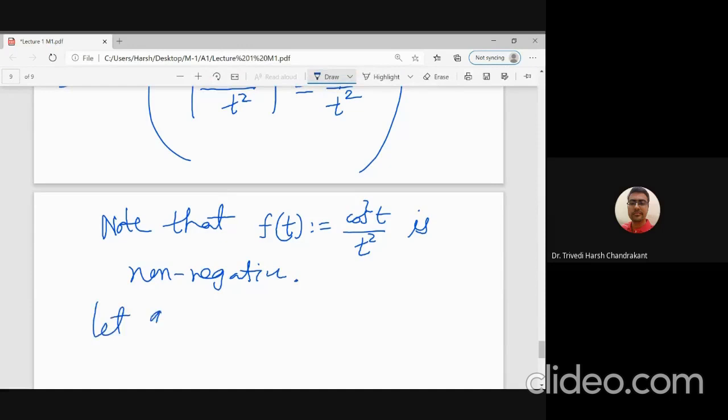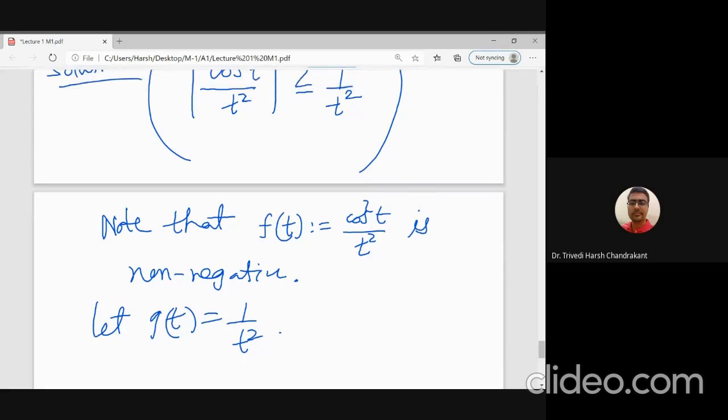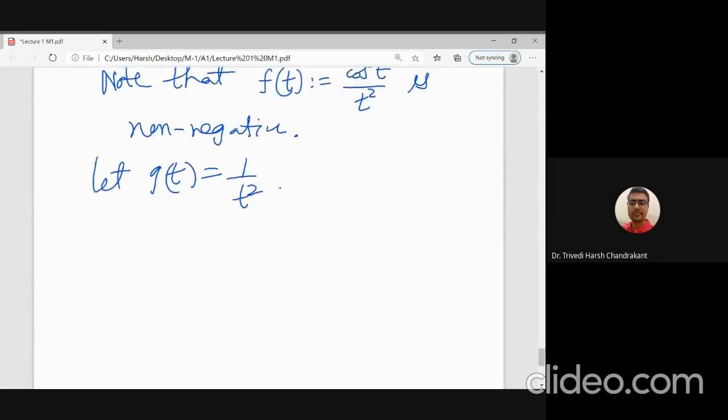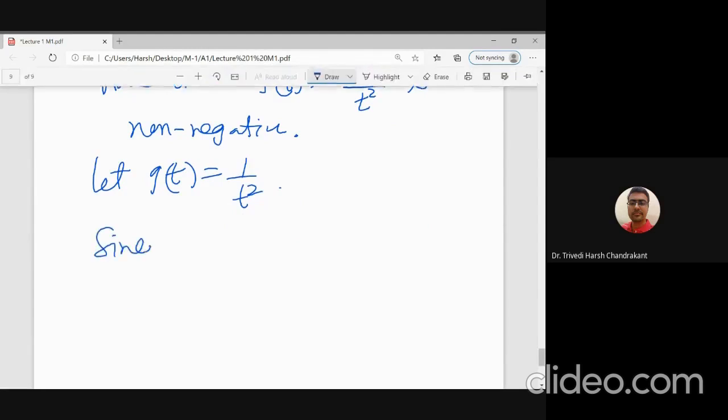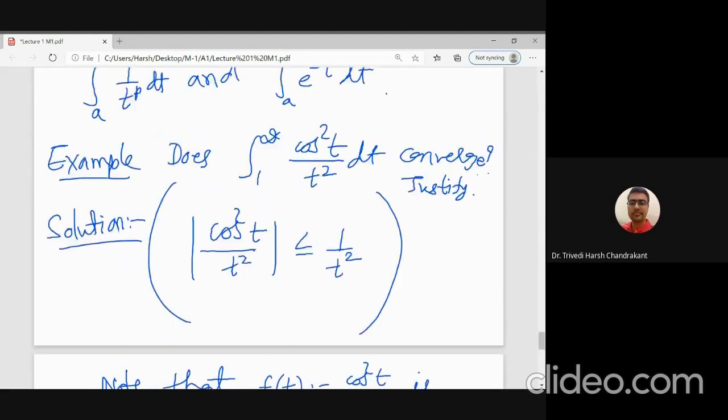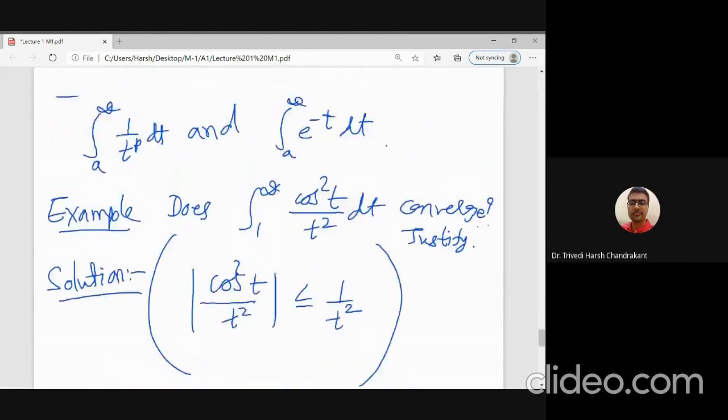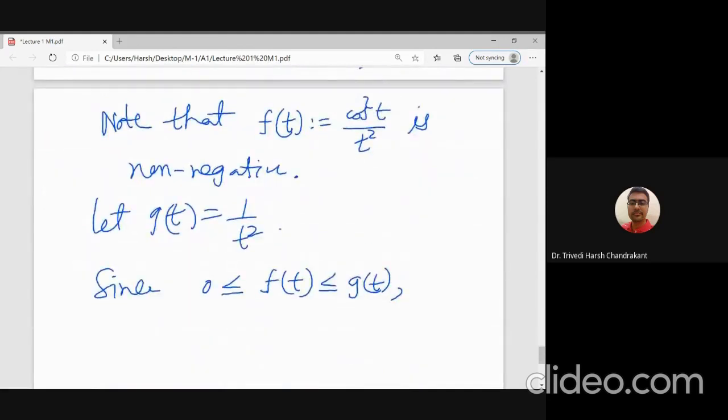That is the first criterion of the theorem. So let the function g(t) be 1 upon t square using this idea, and then we know that 0 is less than or equal to f(t) less than or equal to g(t) for every t in the integral range. The integration is over 1 to infinity, so we have to verify this condition for all t greater than equal to 1, which we can see.